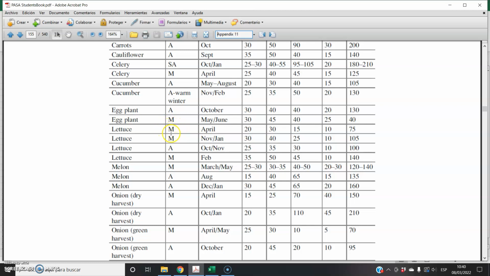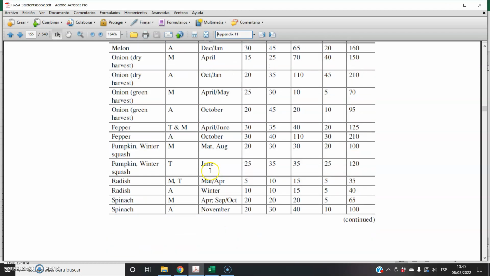M is for Mediterranean, A is for arid, SA is for subarid, T is for tropical, and so forth. Then you also have differences in the duration of the cycles as a function of the sowing date. So when choosing the correct cycle, you should take into account the climate of your location and the sowing date.